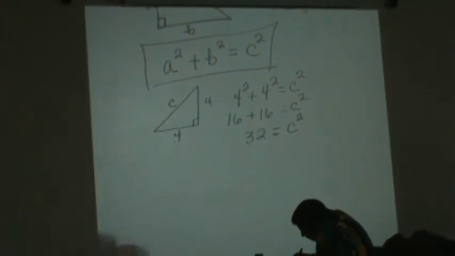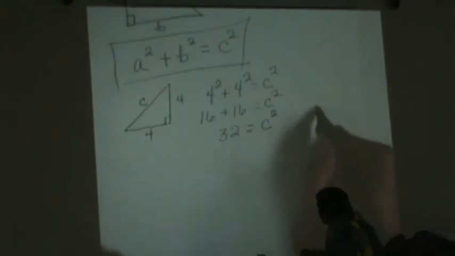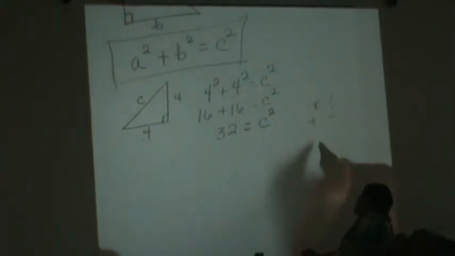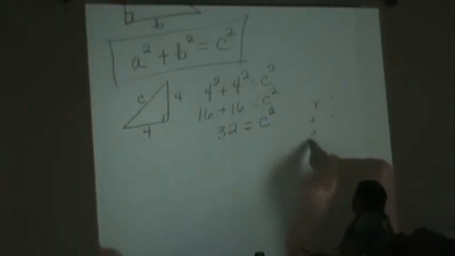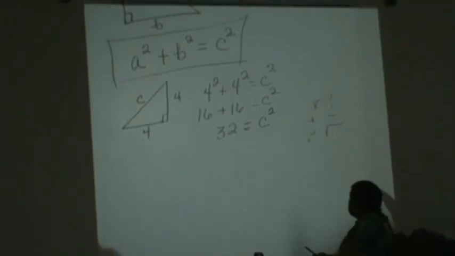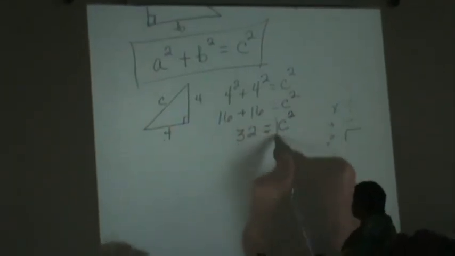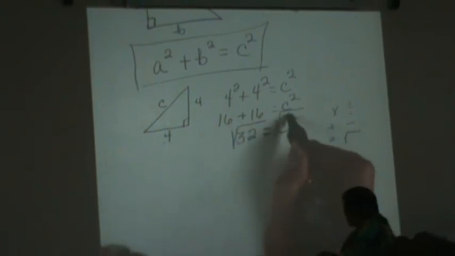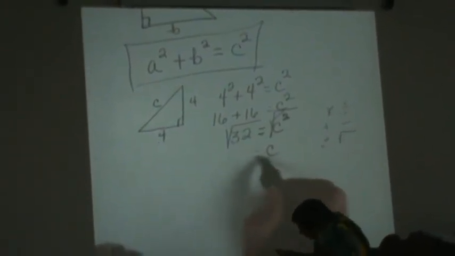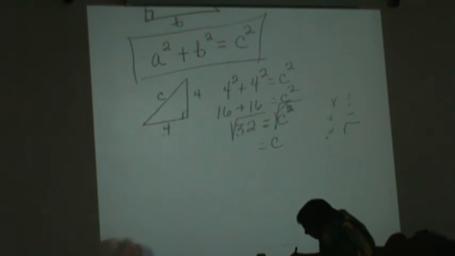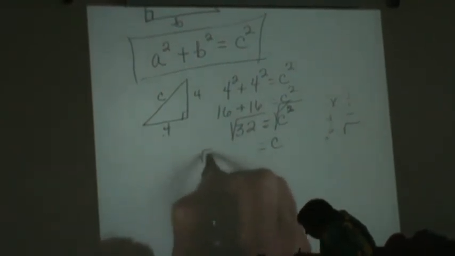What's the opposite of a square? Remember, multiply, divide, add, subtract. A square, square root. To undo this, we're going to square root both sides. This undoes that square. So the square root of 32 is how long that side is.